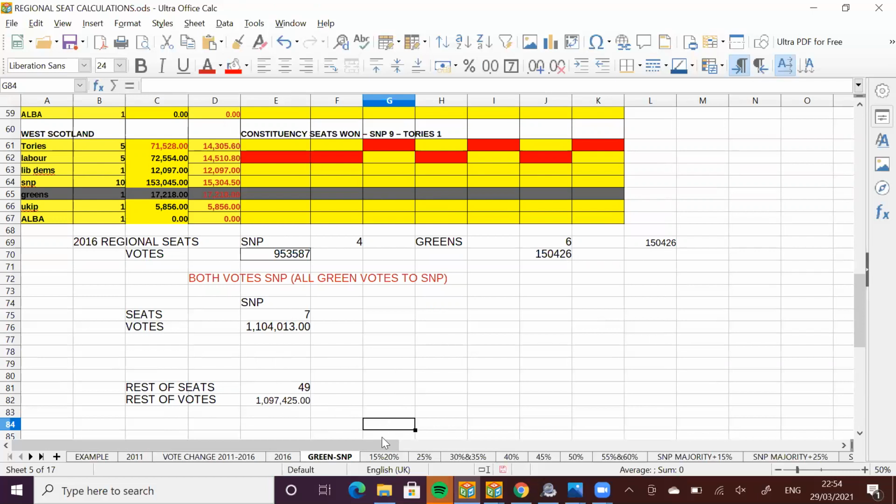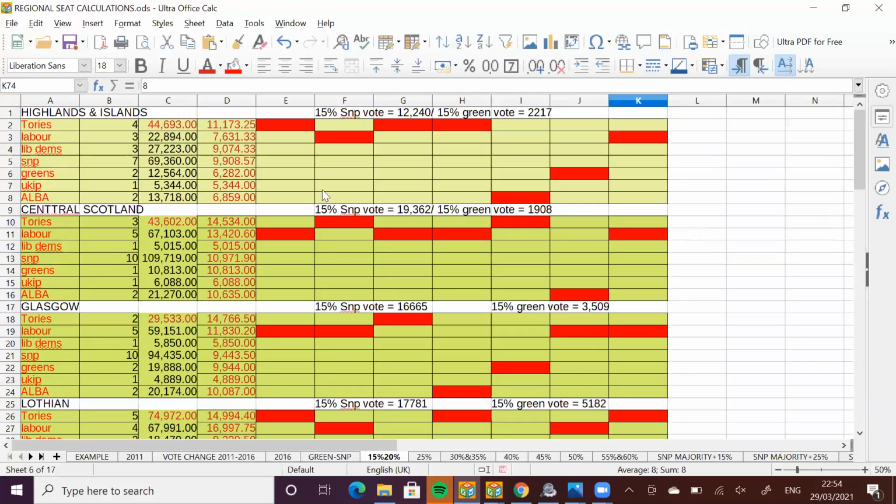But moving on to Alba and the 2021 elections, I've done a number of examples to see what seats could come out of what percentage of votes. So I have all through it put a 15% Green vote.